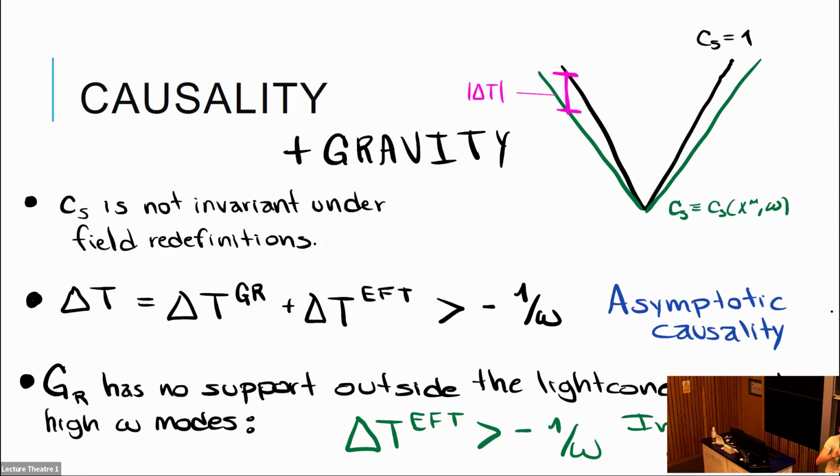So if there's a photon that is just traveling locally nearby a Schwarzschild black hole, we know it's going to get a Shapiro time delay. We want that the EFT corrections actually don't propagate outside of the light cone of this photon locally. So it's kind of local versus asymptotic. So this one goes under the name of asymptotic causality, and this one goes under the name of infrared causality.